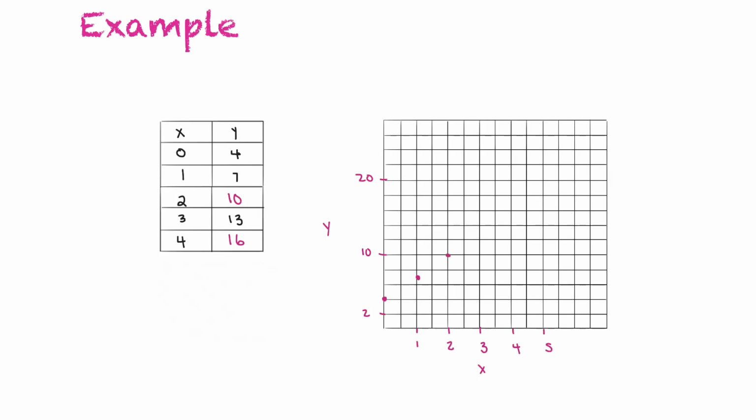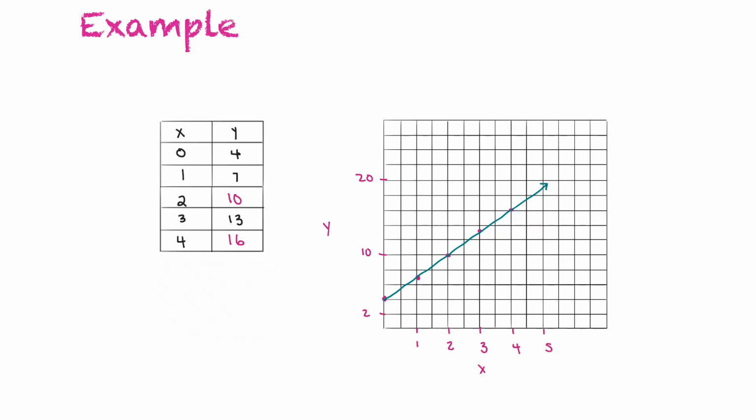When x was equal to 3, y was 13. And then finally, when x was 4, y was 16. So right there. So that is our graph, and we'll draw a line to show that it's a linear equation.